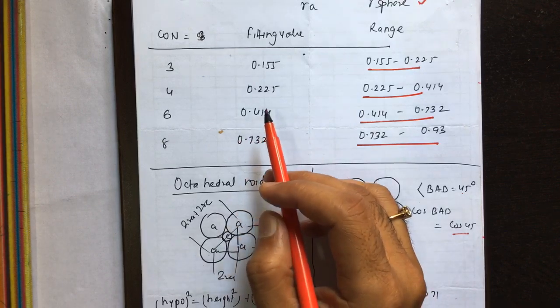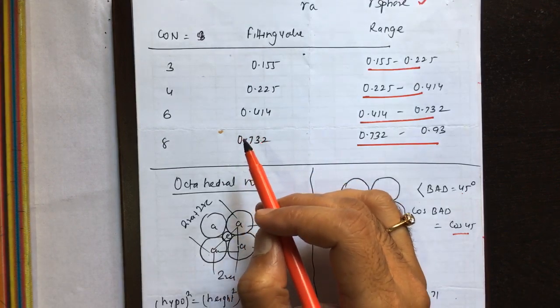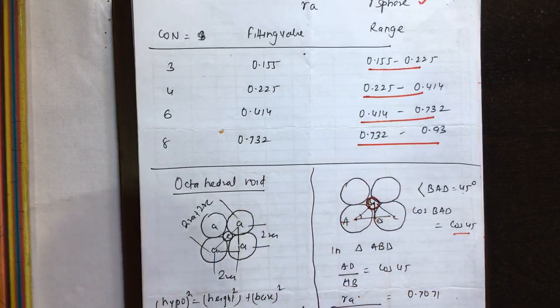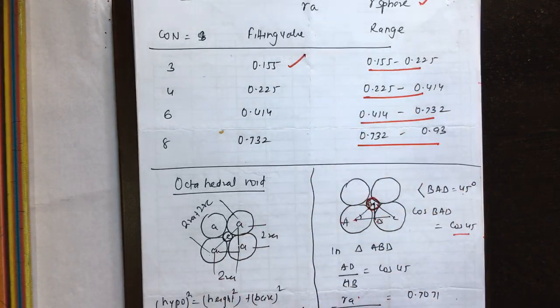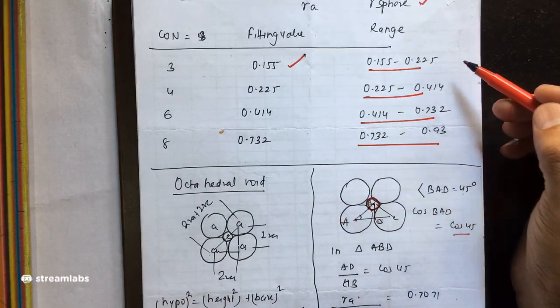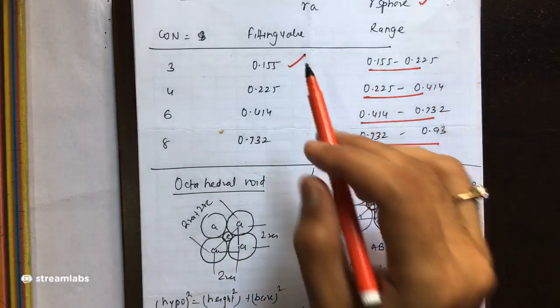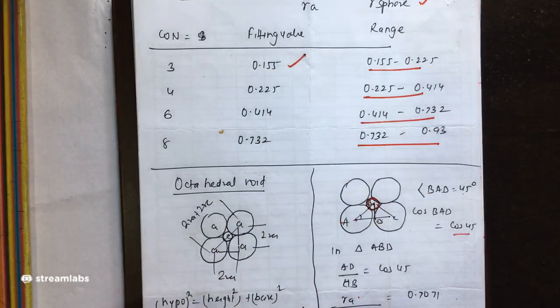If you calculate the limiting value for 3 spheres, the fitting value of the void, it comes to 0.155. So if the coordination number is 3, it is 0.155. This is the fitting value, which means below this the void is not possible.